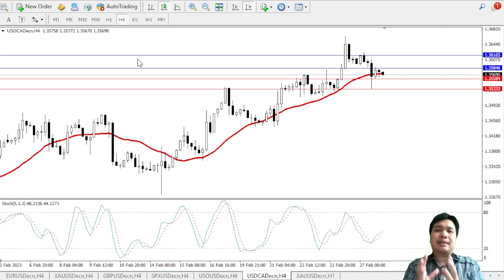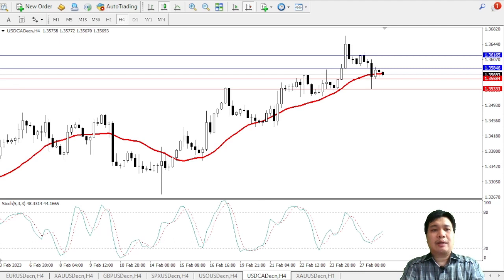Possibly people trading the Canadian dollar are waiting for the GDP result. If it's released according to the forecast, there's a possibility that USD/CAD will move higher, the Canadian dollar weaker and the USD stronger, and break above our resistance level at 1.3584, maybe trying to reach 1.3616 from the previous movement.